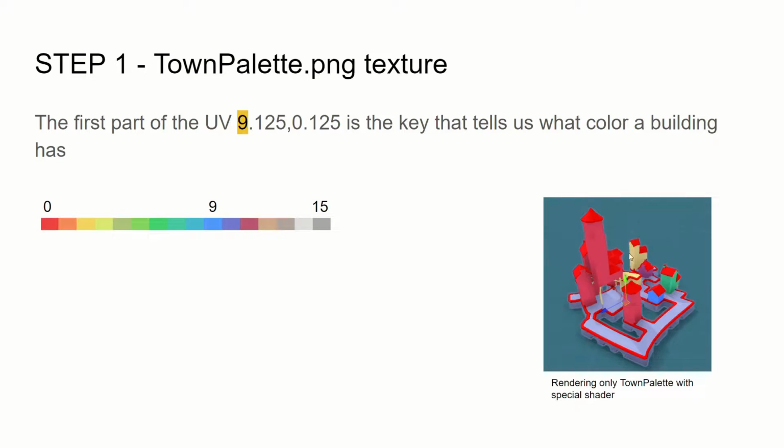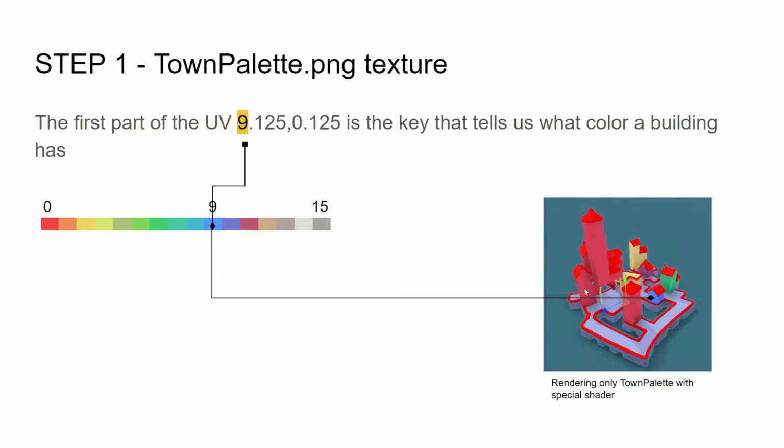If we render only using the town palette with this special shader, then we get this result. We take the 9, which corresponds to color number 9 inside our palette texture, and that is then applied to the side of the house.